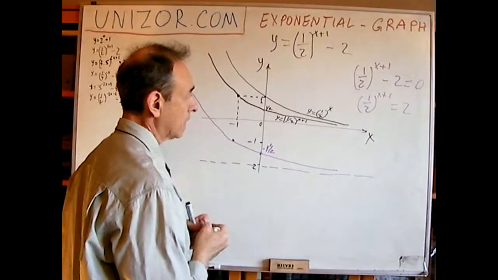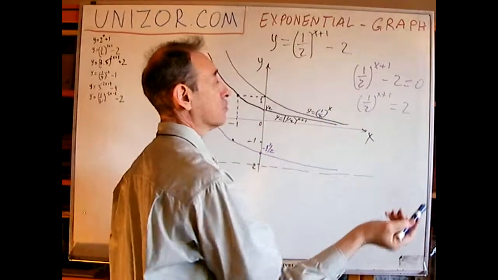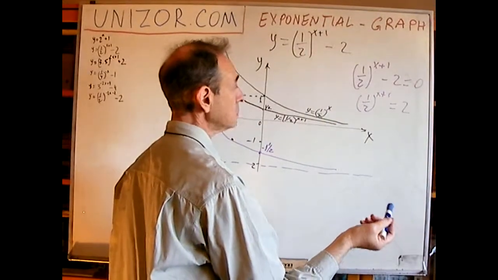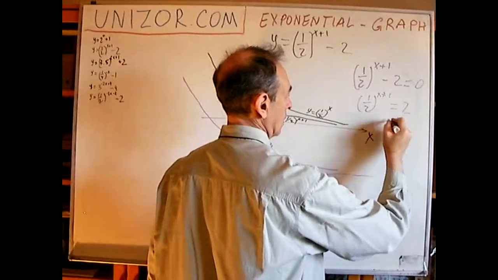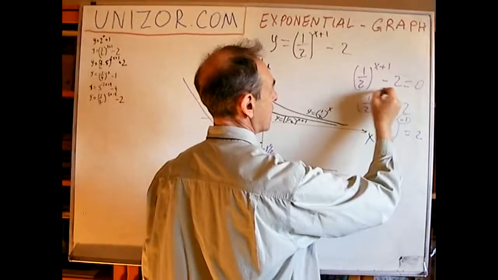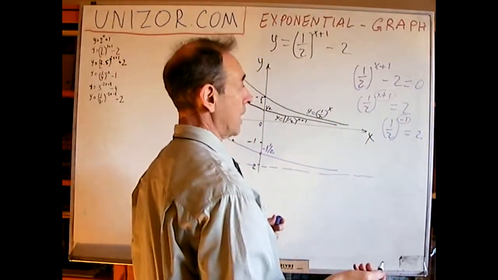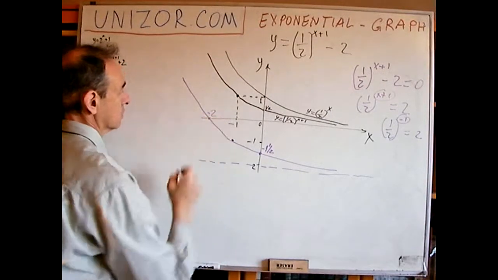So when 1/2 to some degree is equal to 2, the degree is equal to minus 1, right? 1/2 to the minus 1 is equal to 2. Now, minus 1 is x plus 1 when x is equal to minus 2, right? So this is actually a point minus 2.